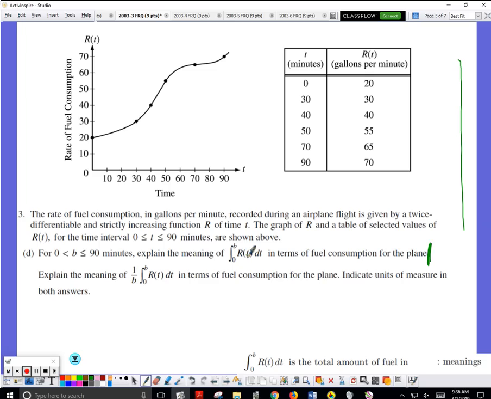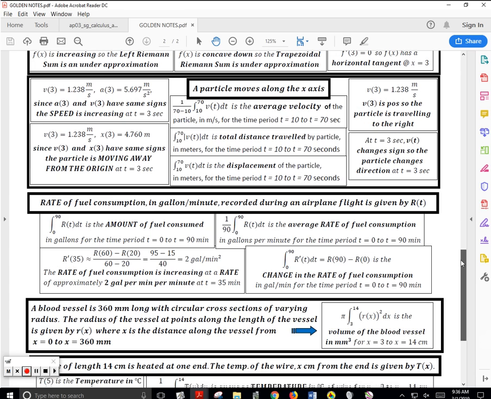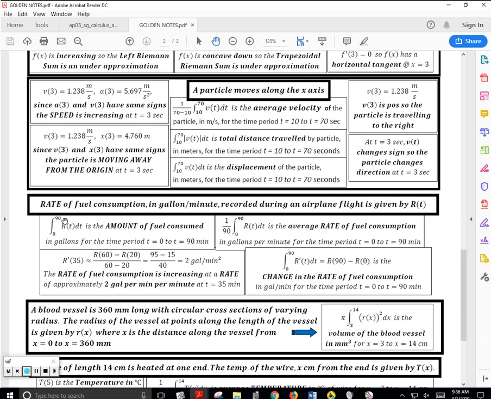When you integrate a rate, there's some reminders here on the golden notes. In fact, this problem was used as an example. Rate of fuel consumption in gallons per minute is R. So this is actually the answer to this problem. When you integrate the rate of fuel consumption, you find out the amount of fuel consumed. When you integrate a rate, you find out the change in the amount.